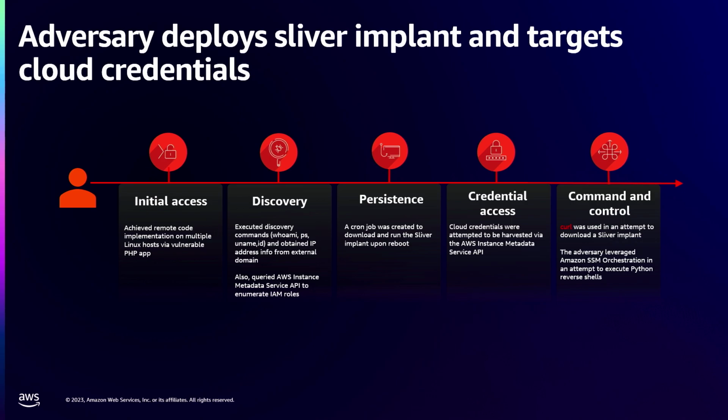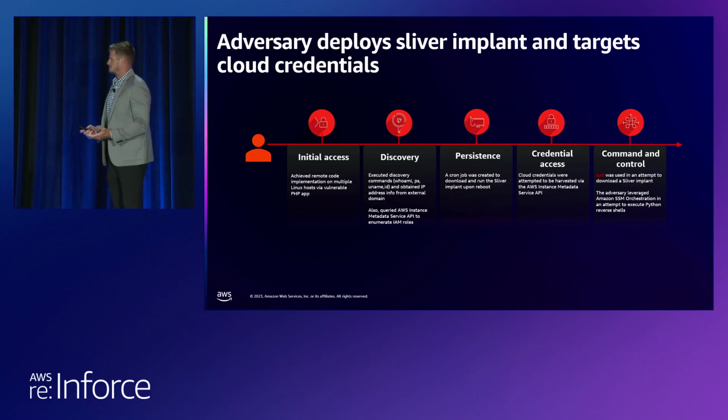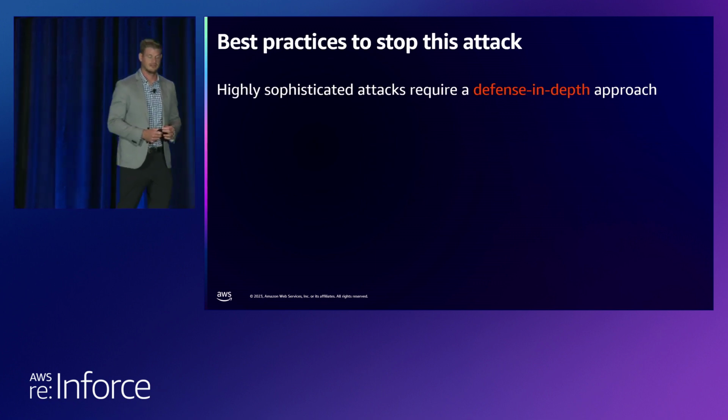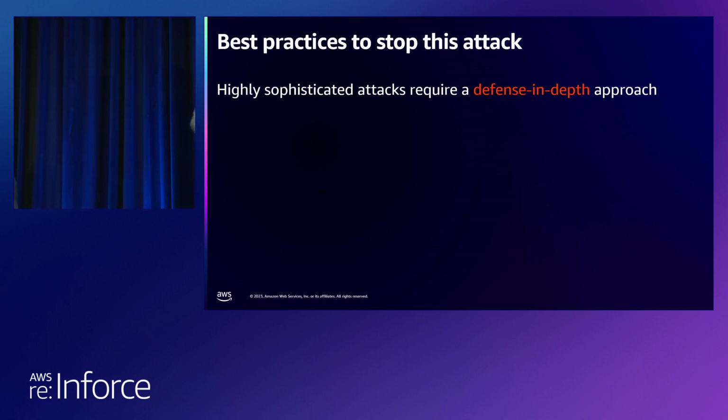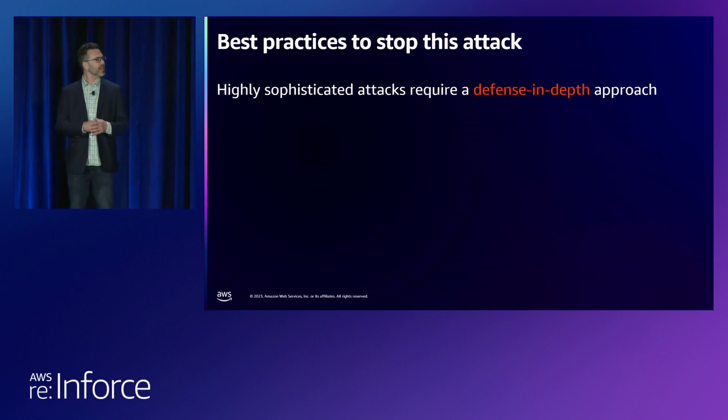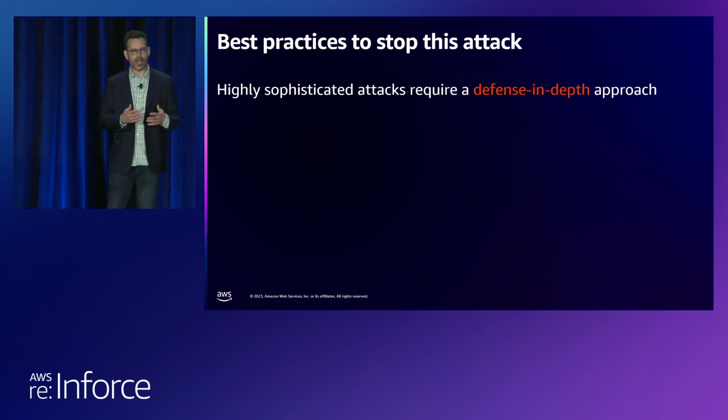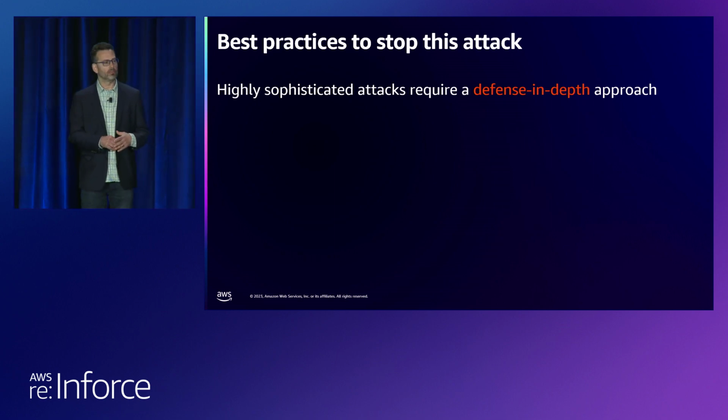And so as we look at this, Rob, what are some of the best practices that organizations can go through to defend against these types of attacks? Yes, so we talk about sophisticated attacks, that the adversaries today are cloud conscious.